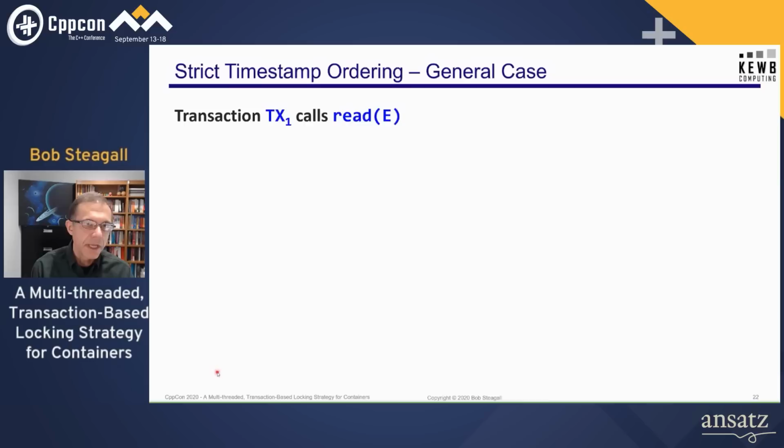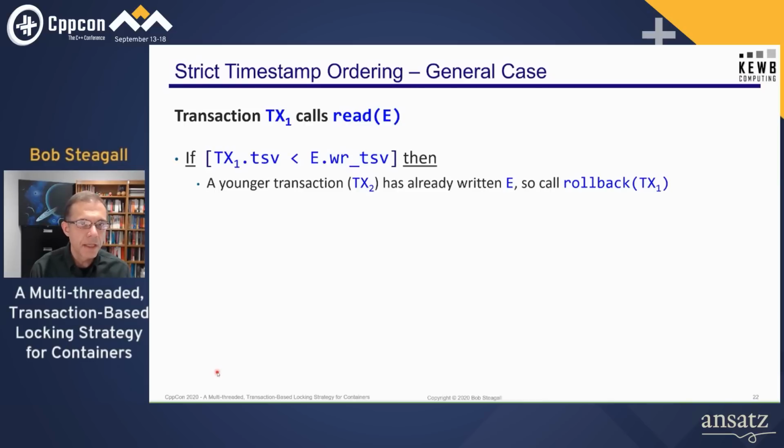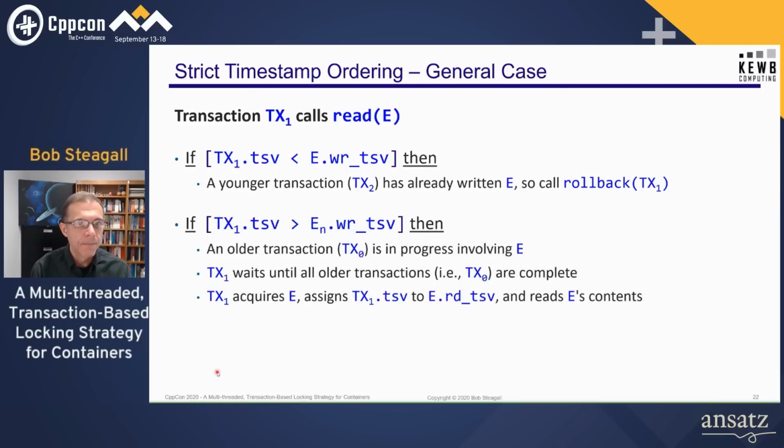So let's look at the read case. Transaction wants to read the element. If the transaction T1 finds that its timestamp is less than the last write timestamp in the element, that means a younger transaction has already written to E. So the transaction T1 rolls back.